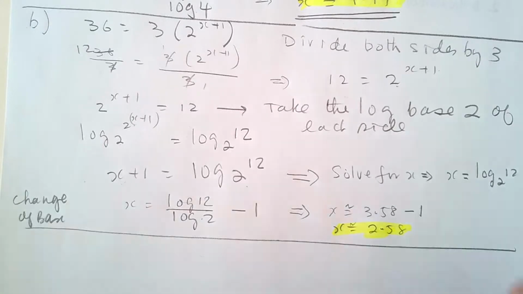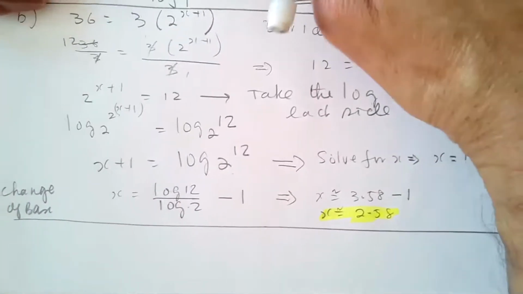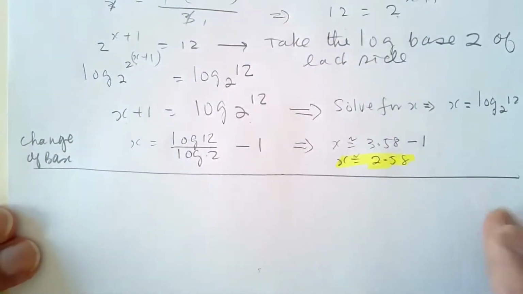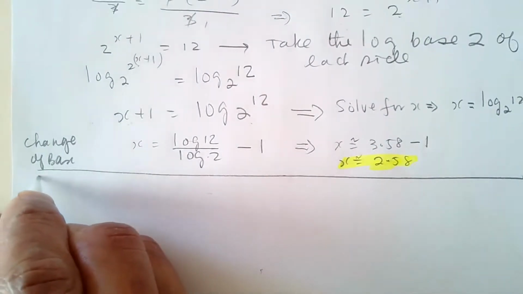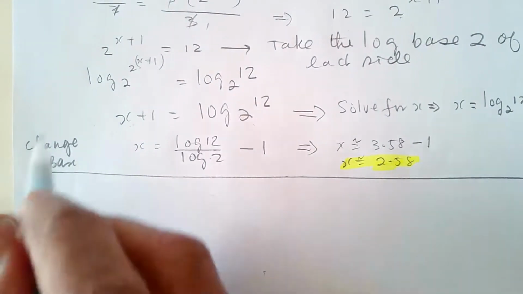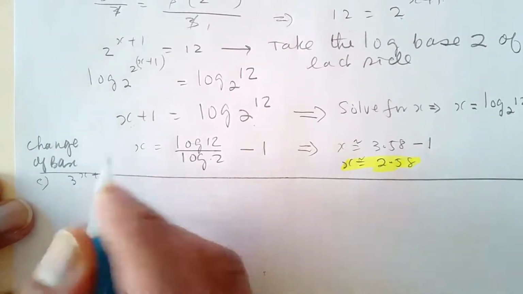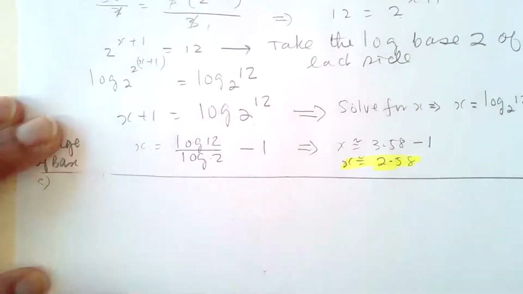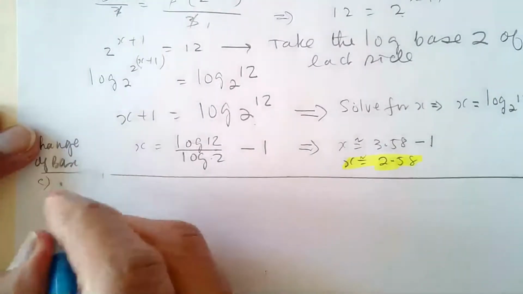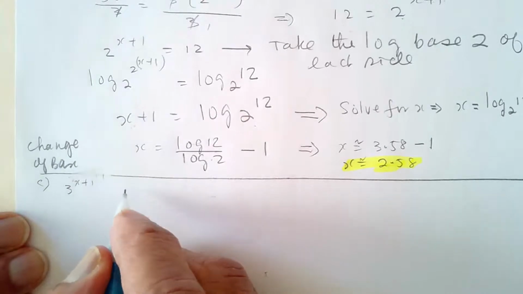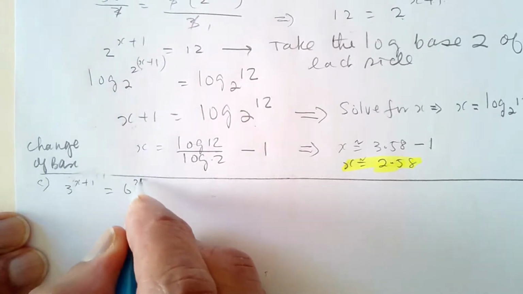Okay, we have a final one. Okay, let's try this one here. So for C, that is 3 to the x plus 1 equals 6 to the x.